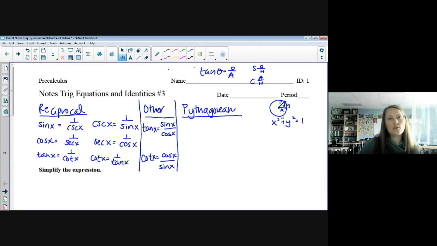So cosine squared plus sine squared is going to equal 1, and we're going to use that as our first Pythagorean identity. Sine normally comes first when we write it, just because we think of sine first, but it doesn't matter. It could be cosine squared plus sine squared or sine squared plus cosine squared. But that's our first one: sine squared x plus cosine squared x is equal to 1. That one shows up on the ACT a bunch.